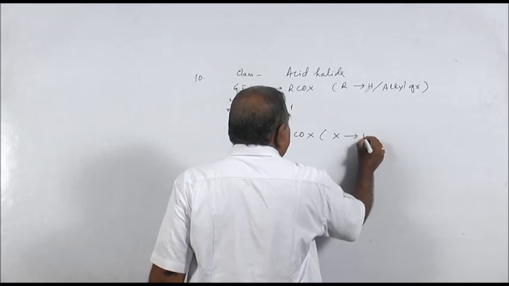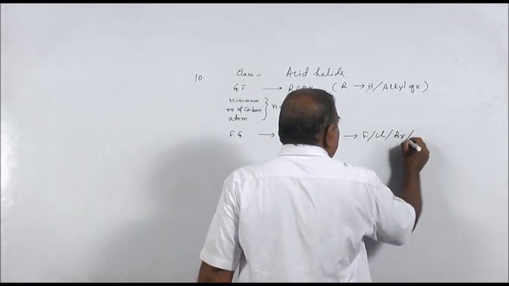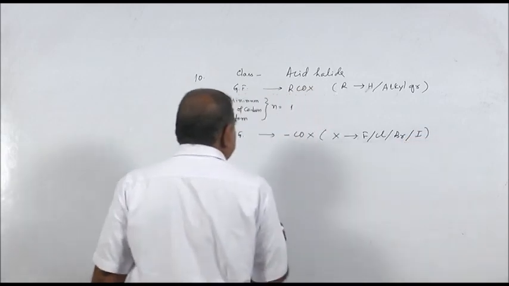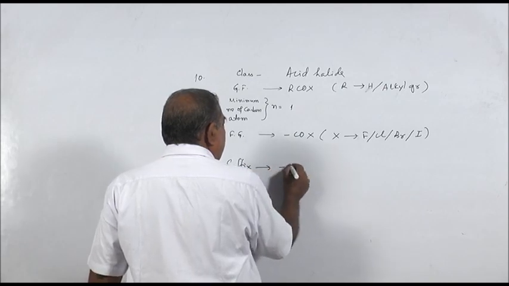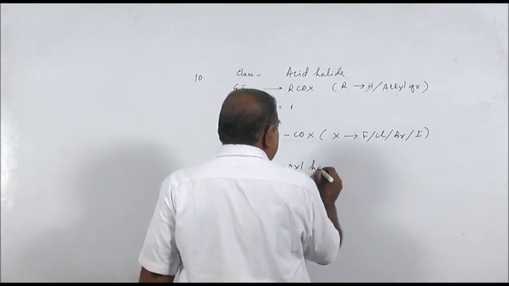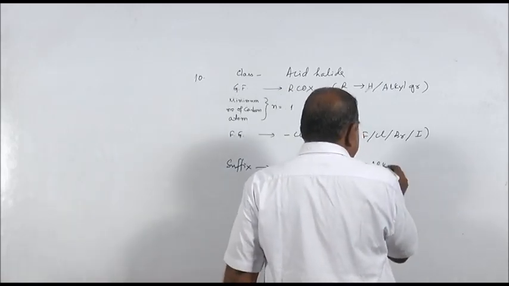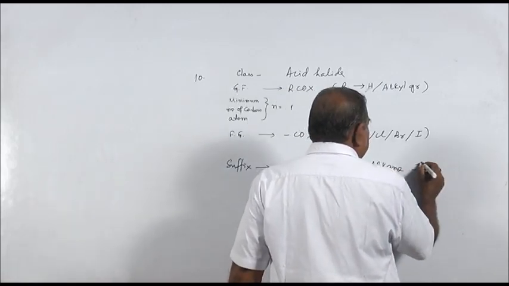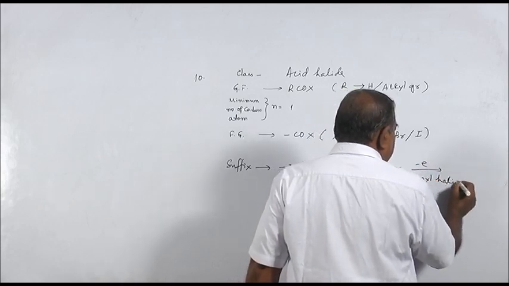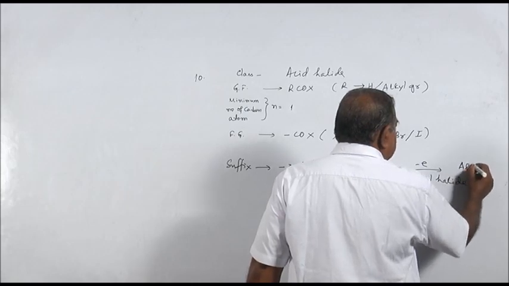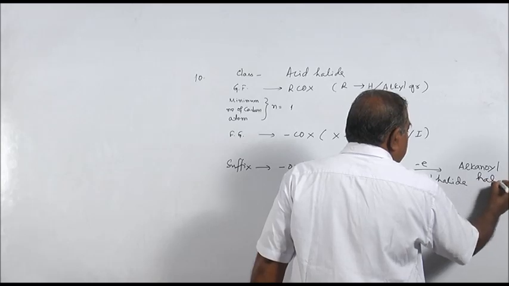X stands for a halogen: fluorine, chlorine, bromine, or iodine. It also has a suffix, oyl halide. That means from alkane, you replace the E by oyl, and for halogen you write halide. So the complete name is alkanoyl halide.